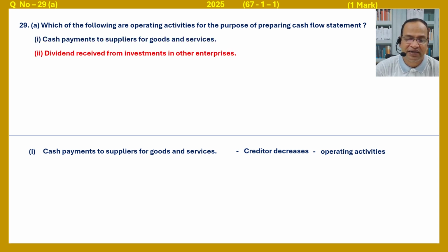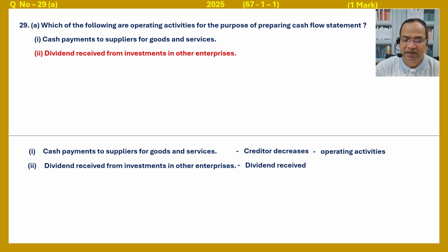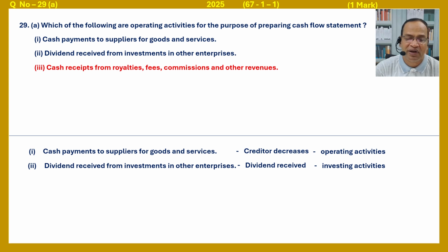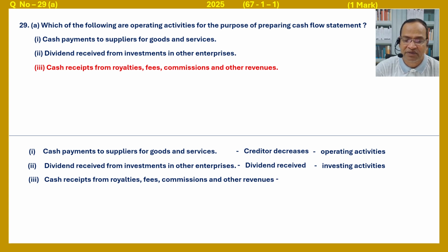Next, dividend received from investment in other enterprise. Dividend received, investing activities. Cash received from royalty, fee, commission and other revenue. This is revenue received or royalty received, that is operating activities.